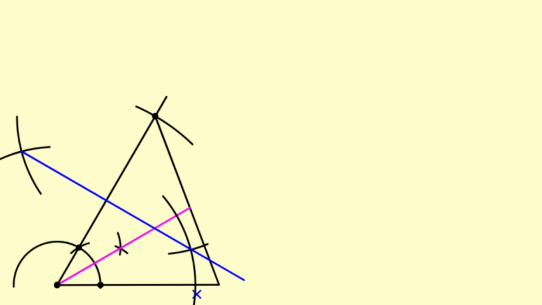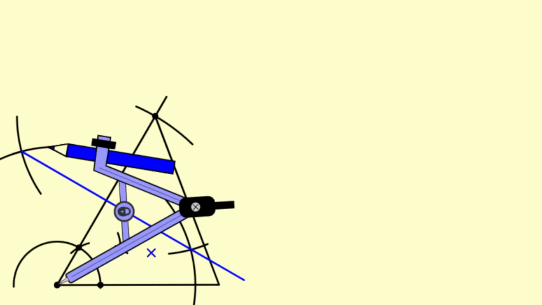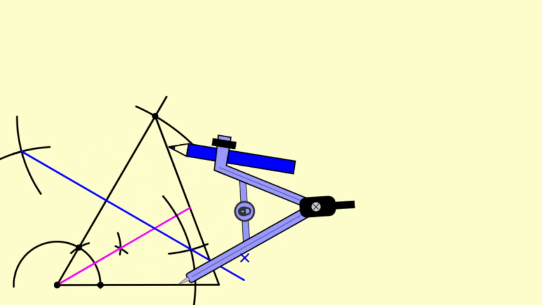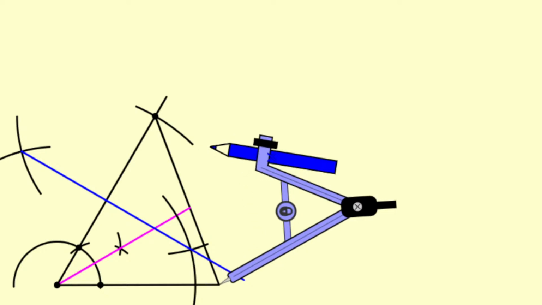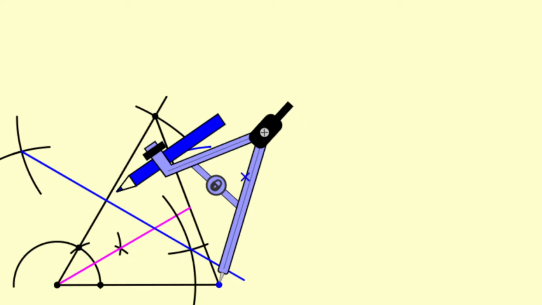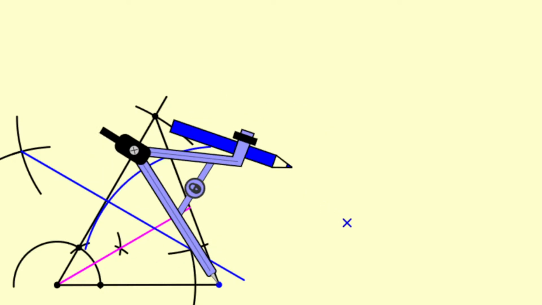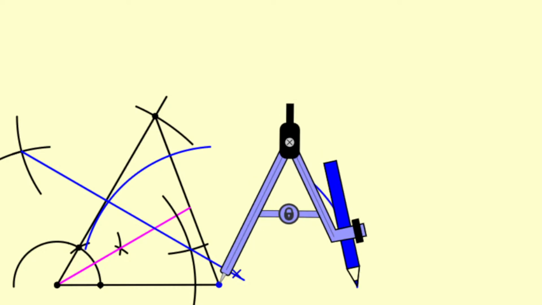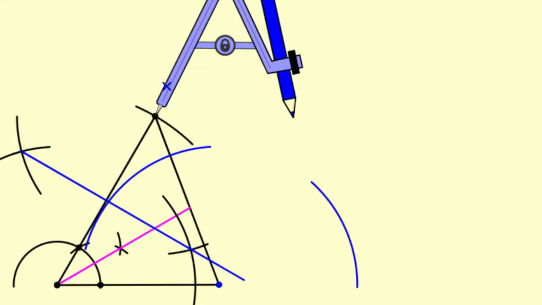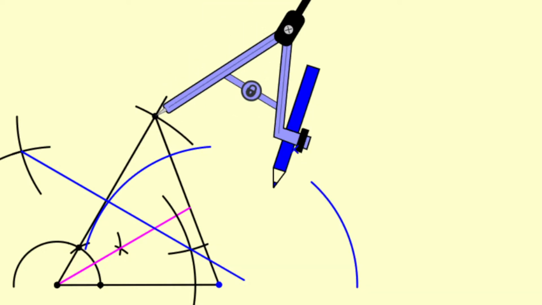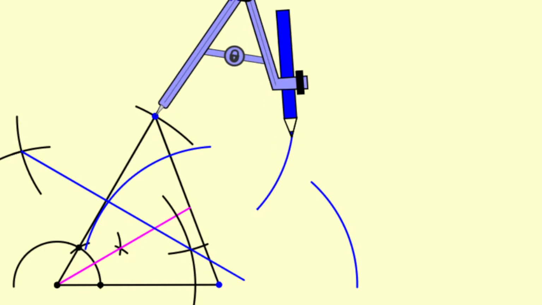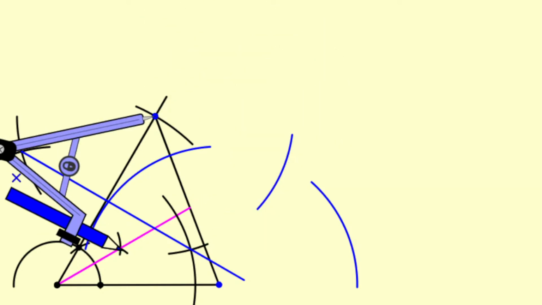Let me draw for any other side. Let me draw for AC as well. So for AC, I'm just going to draw the perpendicular bisector. My compass is already more than half. One arc this side, one arc at the other side. Now at this point, one arc this side, one arc at the other side.